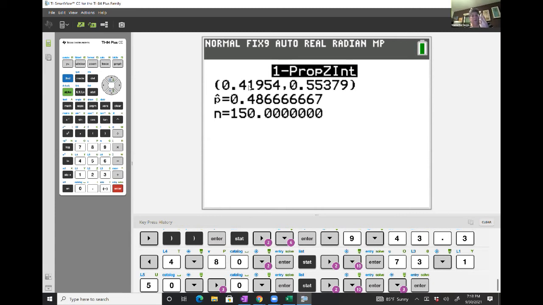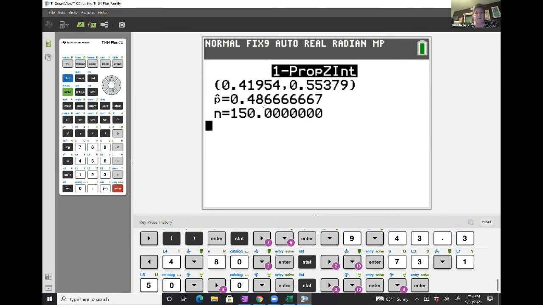The other one is 0.486, which we don't really care about, we just want the confidence interval. They want 2 decimals, so 0.42, 0.55. Remember, the margin of error is the difference between the p hat and the lower, and between the p hat and the upper.